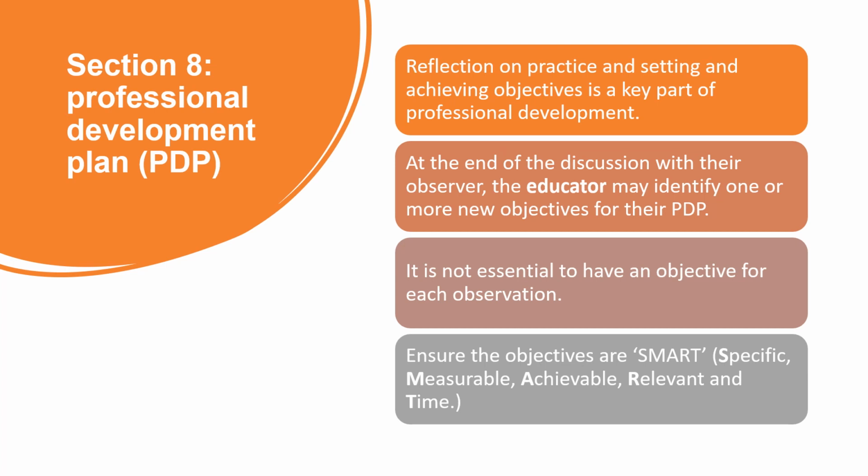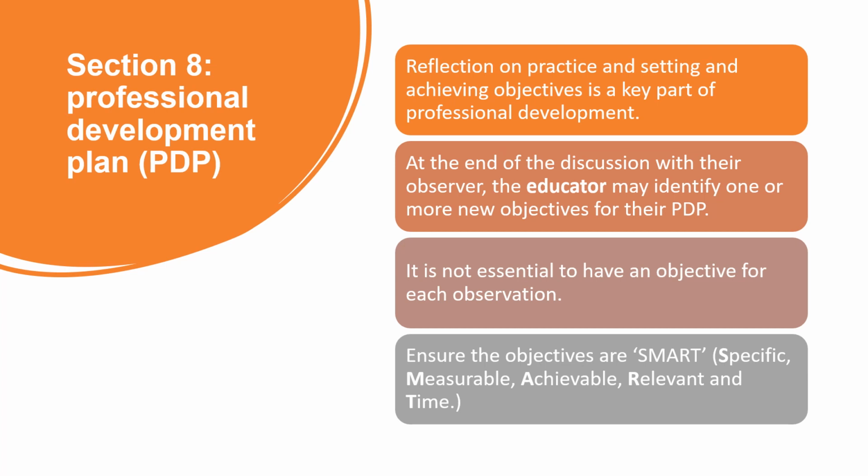The final section of the session observation form is Section 8, the Professional Development Plan. An educator can note any new development objectives identified as a result of reflective discussion in this section. It is not essential to have an objective for each of the 2 observations in the revalidation period.